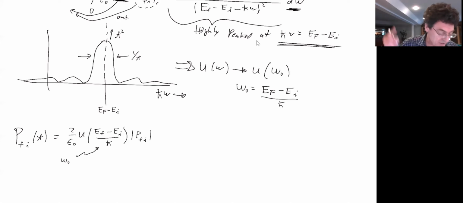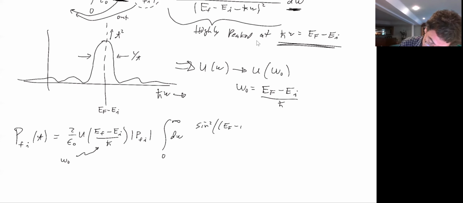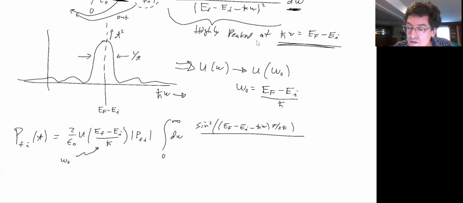It just depends on those two states. And now I have this integral from 0 to infinity of d omega of sine squared of (EF minus EI minus h bar omega) times t over 2h bar, all over (EF minus EI minus h bar omega) squared.